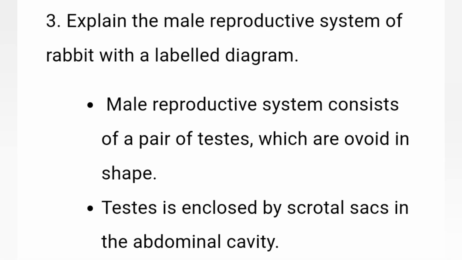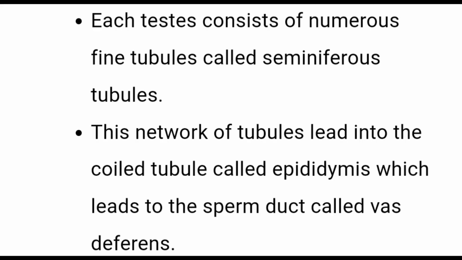Third question, explain the male reproductive system of rabbit with a labeled diagram. First point, male reproductive system consists of a pair of testes which are ovoid in shape. Second point, testes are enclosed by scrotal sacs in the abdominal cavity.